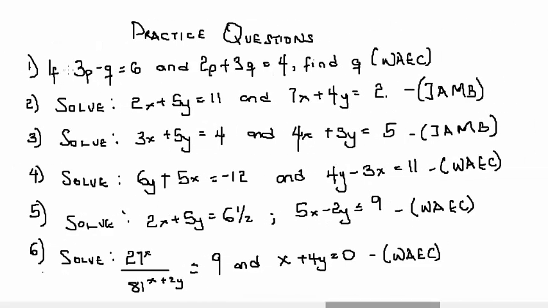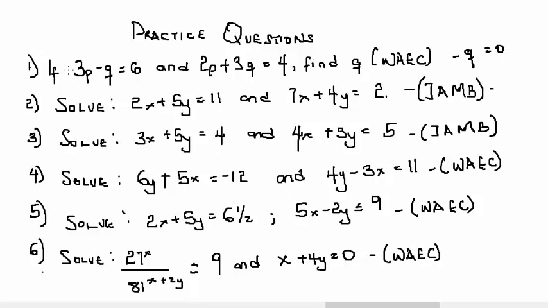Now these are some practice questions here, just to check how well you understand it. For the first question, you are asked to find q in these particular questions. For the first question, which is a WAEC question, if you solve correctly, you should get your q to be 0.